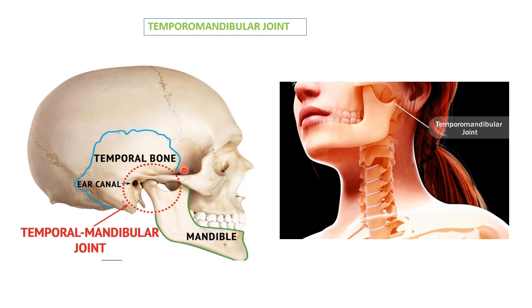The joint formed by the mandible with the temporal bone is called the temporomandibular joint. The superior articular surface is formed by the mandibular fossa and the articular eminence of the temporal bone, and the inferior articular surface is formed by the head of the mandible.